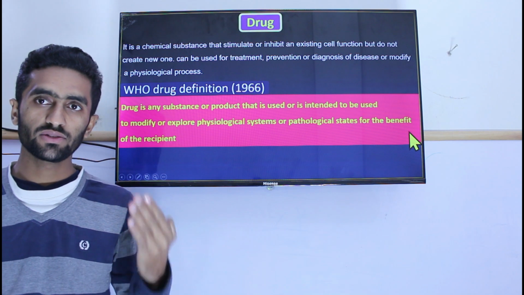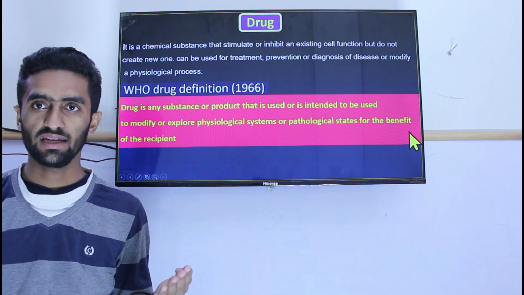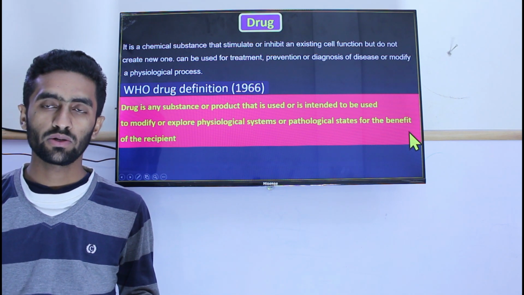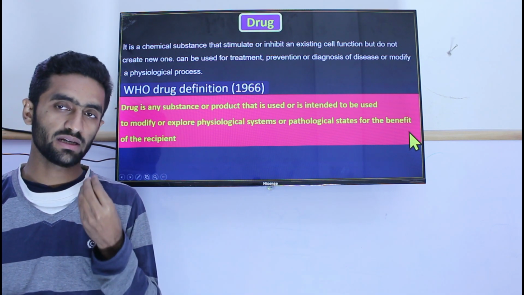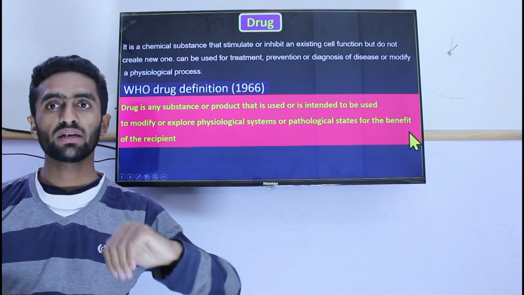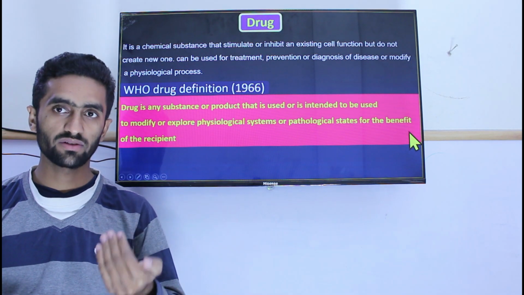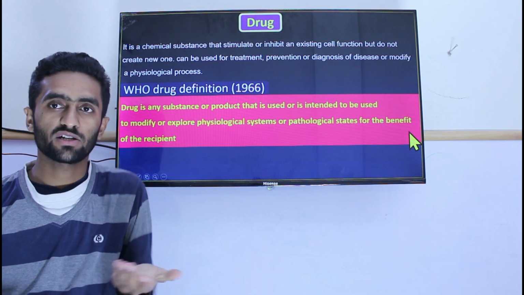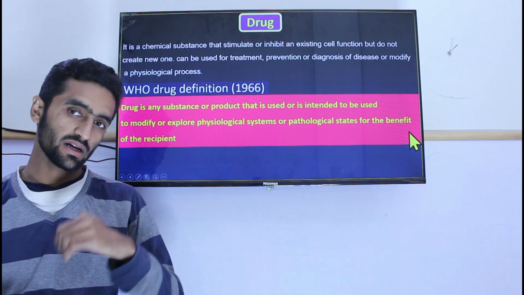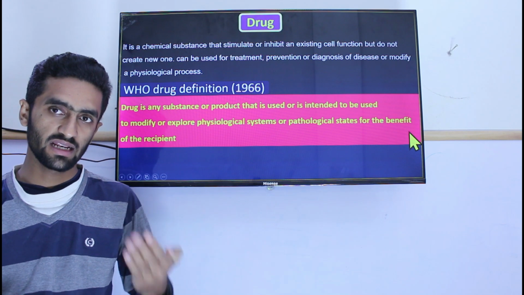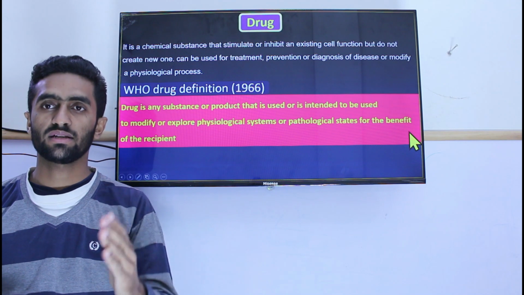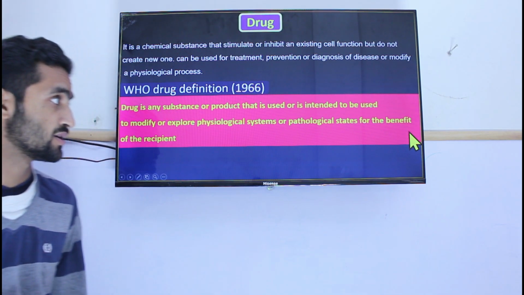So we are using any chemical substance, anything. Even our food can sometimes be a drug, because anything we take is not actually part of our body, so it modifies some physiological process. When we take paracetamol for a headache, it may result in relief, it may not. But our concern is to modify the physiological process.